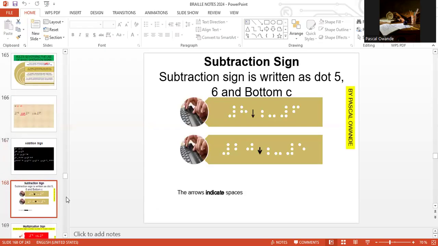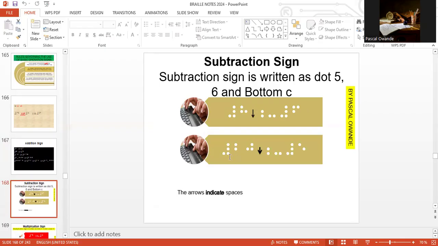Subtraction sign is written as dots 5-6 bottom C, just as I have just illustrated above. I want you to see now this one has certain arrows. These arrows you see here indicate the spaces. So the first one, we have 8 minus 6.